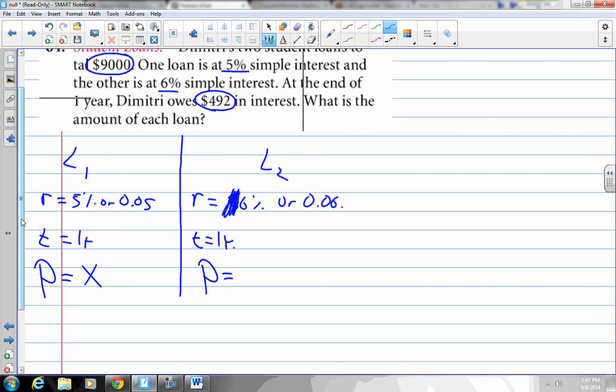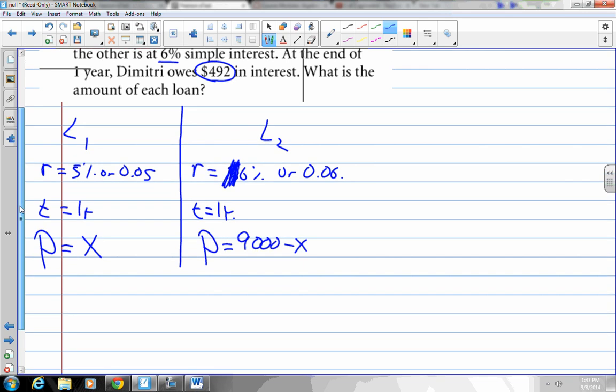Hypothetically speaking. 6,000. How do you know that? Or, in general, 9,000 minus X, whatever that amount is. You subtract from 9,000 and you get the amount borrowed at 6%. Does that make sense? Because we know the total is 9,000.